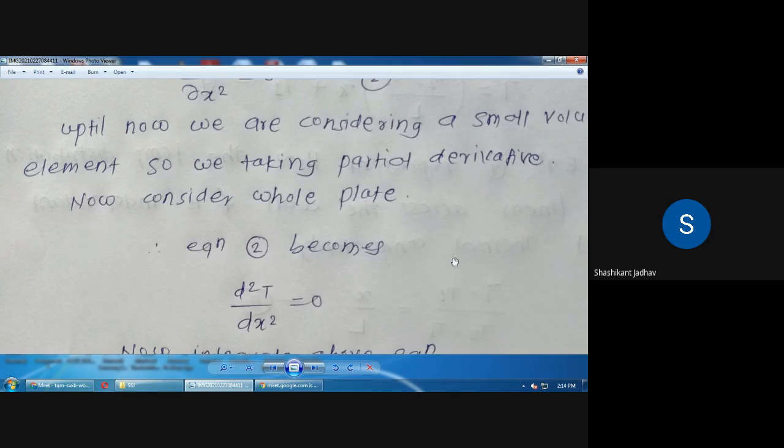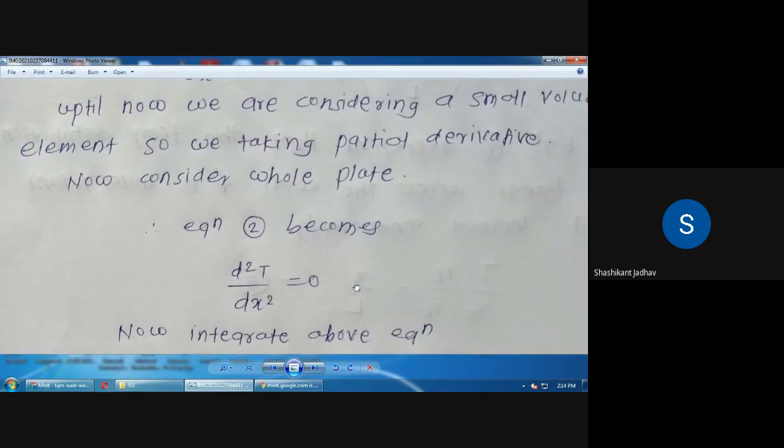We have to convert that partial derivative into total derivative. Write down, equation 2 becomes d²T/dx² is equal to 0.